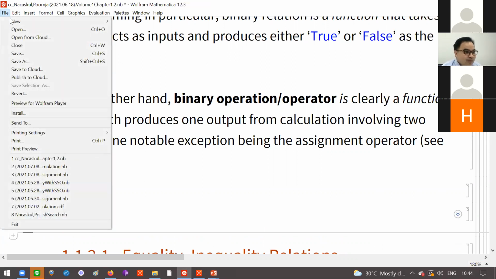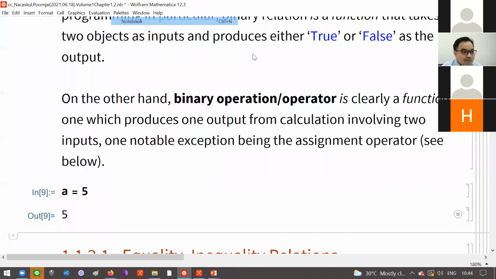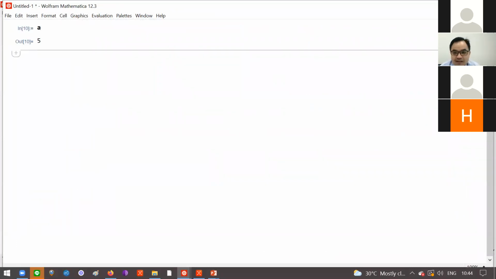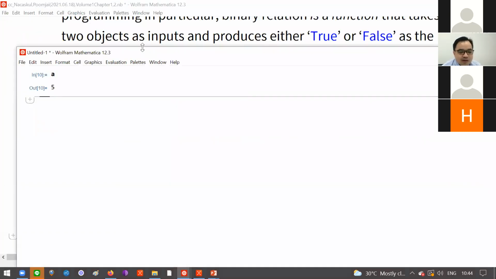I start a new notebook, and I ask what A is. It's actually 5. So it's global as well as universal across the session. Once you have a Mathematica session and you make A equal to 5 here, it's A equal to 5 in every other instance.